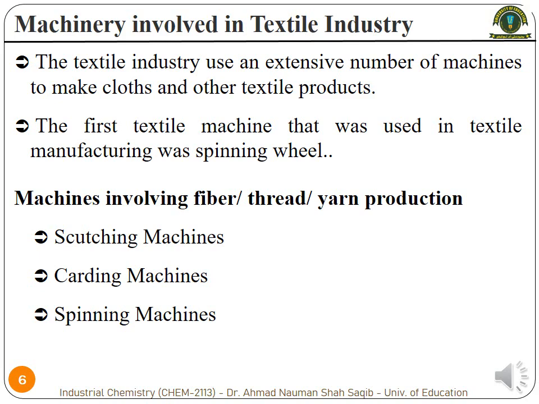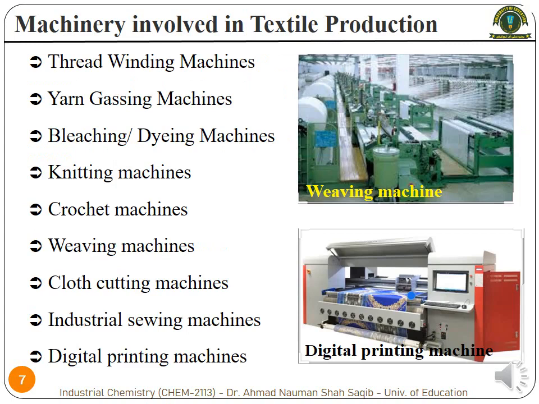So these are the 3 steps which are actually involved for making fiber from the raw material. So after we have got the threads to make fibers, multiple machines are required to make the fabrics or the cloth which we are going to make.